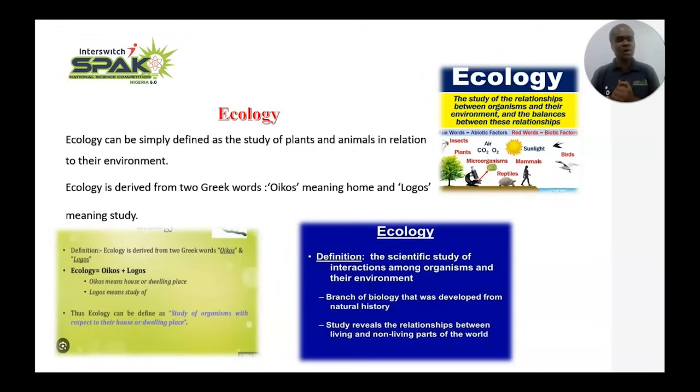The word ecology is actually derived from two Greek words, oikos, which means home, and logos, meaning to study. So ecology is the study of organisms in relation to their environment.